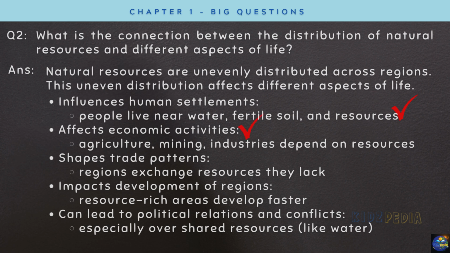It affects economic activities because agriculture, mining, and industries depend on the availability of resources. It shapes trade patterns as regions and countries exchange resources they do not have. It influences international relations and conflicts, since competition for resources can create tensions.